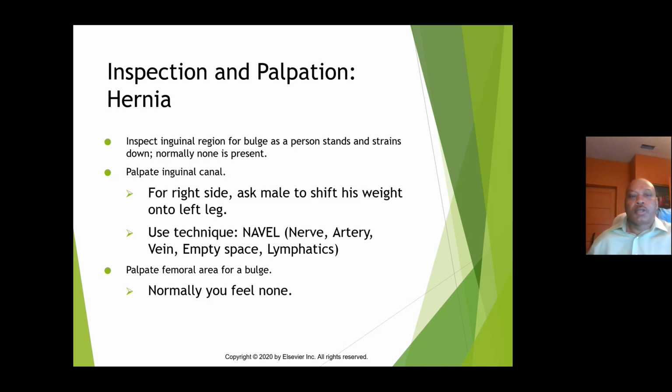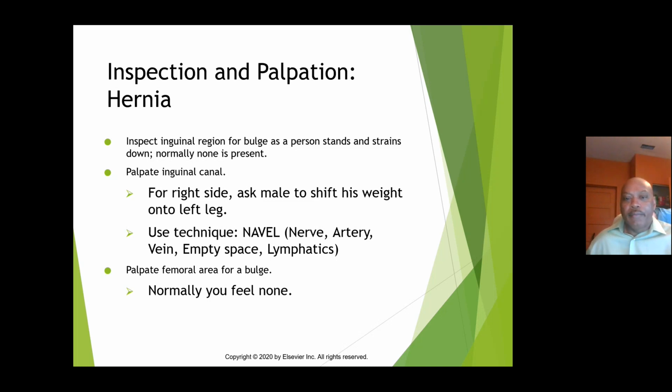Right. Now, your book talks about that acronym that I just mentioned, NAVEL. So you place your right hand upright on the man's right upper thigh, and of course we remember the acronym NAVEL. So remember that's nerve, artery, vein, empty space, and lymphatics.